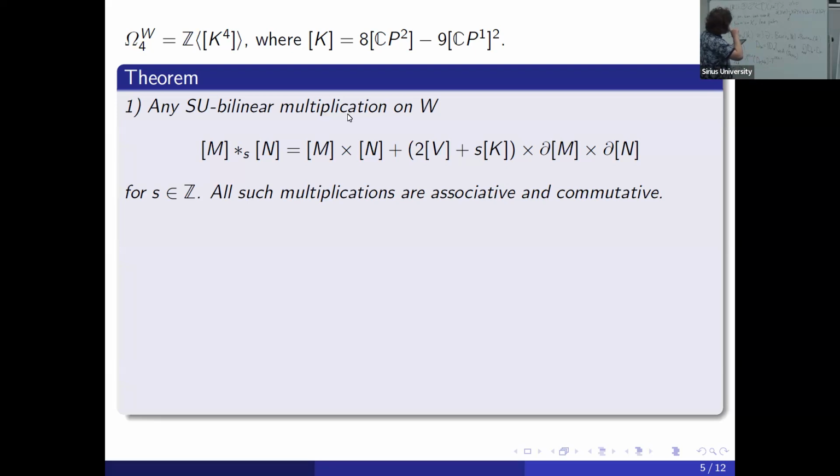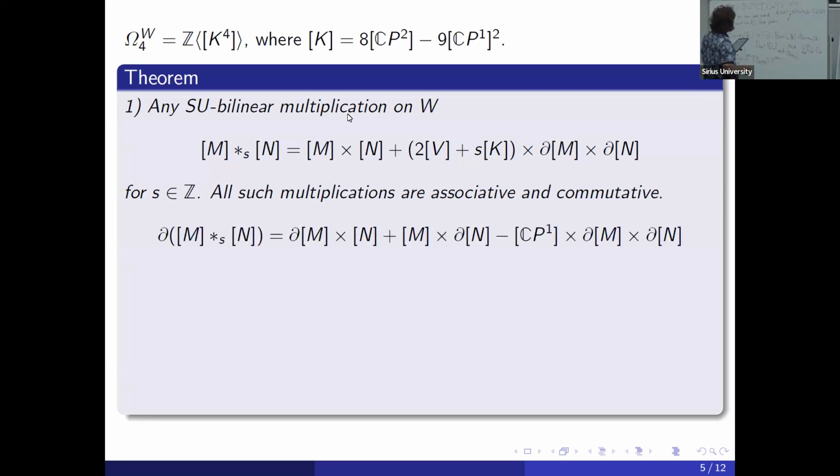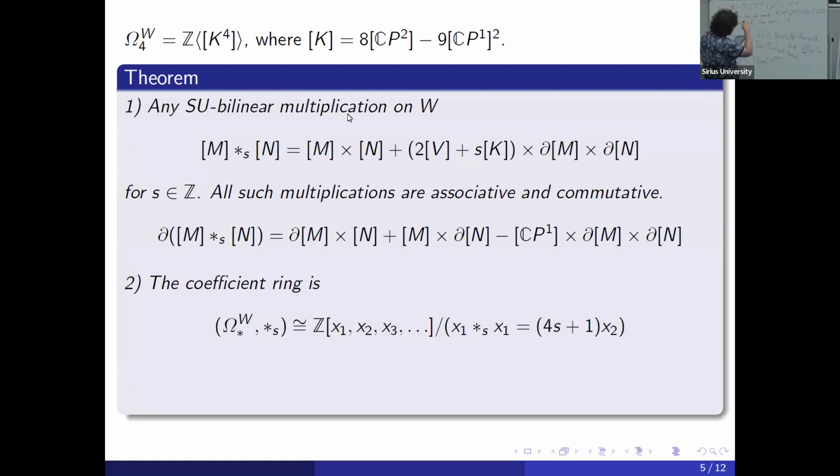It is parameterized by one integer parameter s here, and then in fact we can classify all projections from complex bordism to c₁-spherical bordism, and we have such formulas again. And the coefficient ring for an arbitrary multiplication is of such form. When s is 0, it is the multiplication defined by the Stong projection, and we obtain the previous formula.